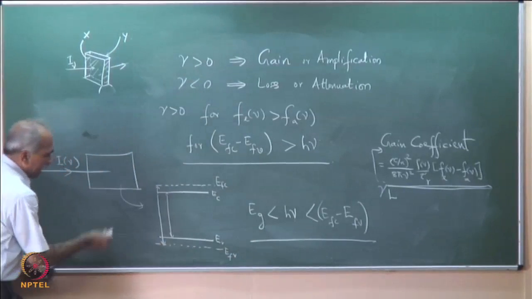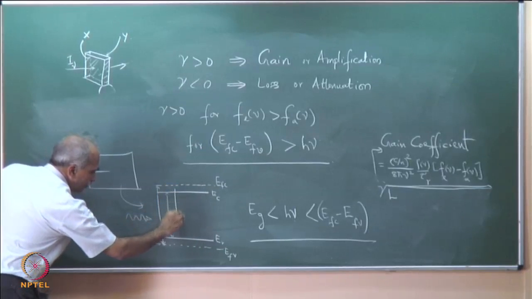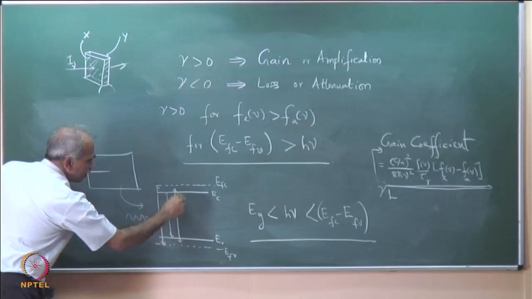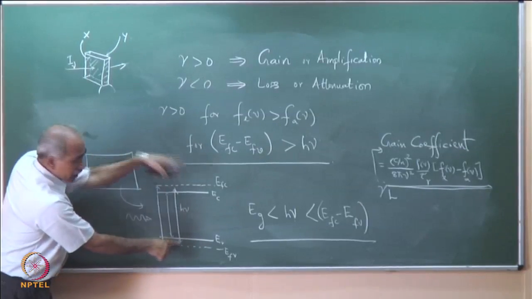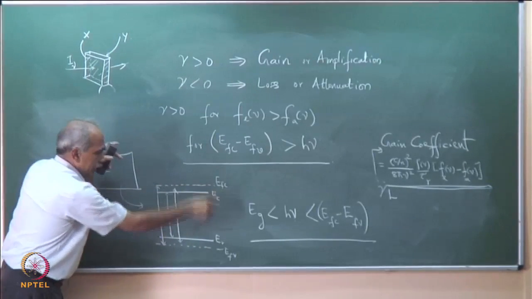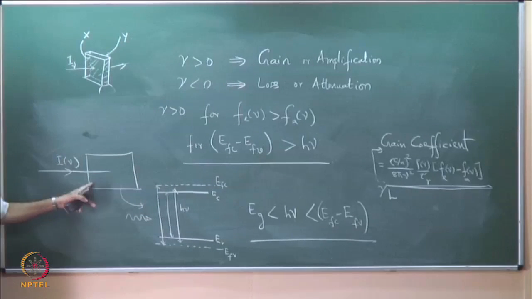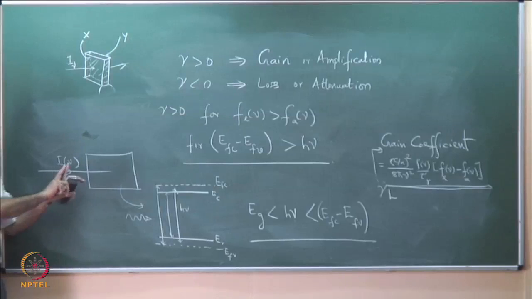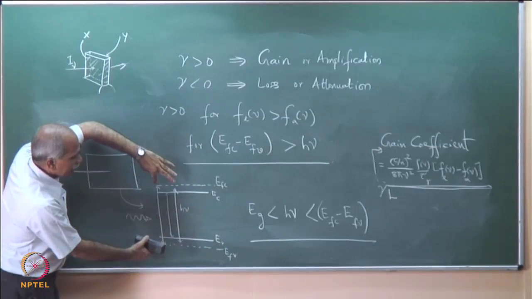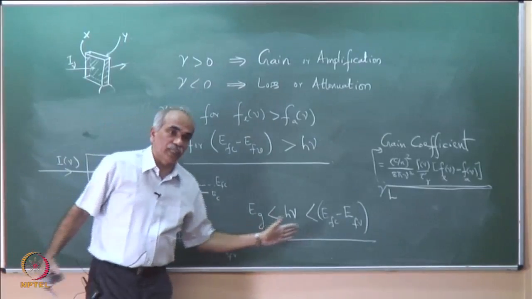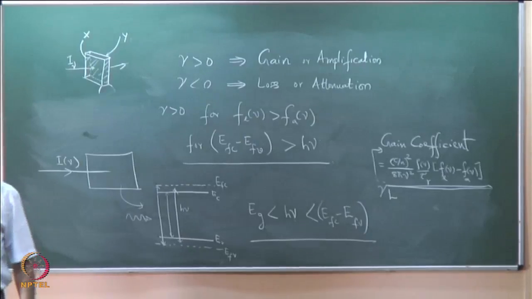It means, if I have radiation coming such that the energy difference corresponds to some value, let us say h nu, which is greater than E g but less than E f c minus E f v, we will have gain in the medium. So, if you pass a spectrum, those frequencies whose energy satisfies this equation will have gain in the medium.